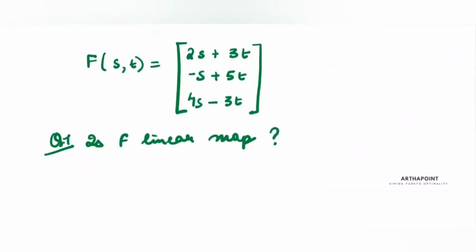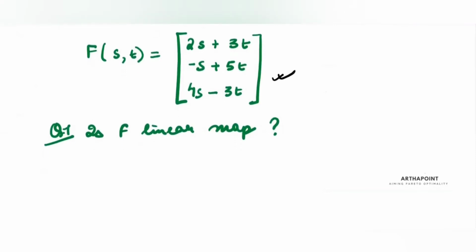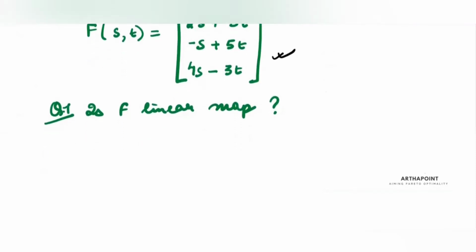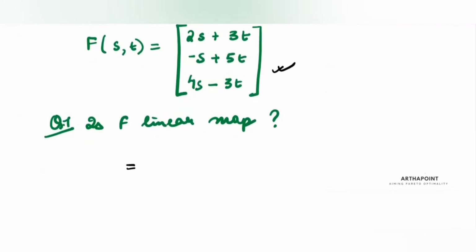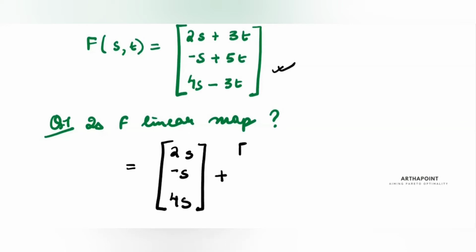So this is my function that is given to me. Now let's go ahead and say that this can be rewritten as (2s, minus s, 4s) plus (3t, 5t, minus 3t). Can I write it like this? I can, right? I've just split it.